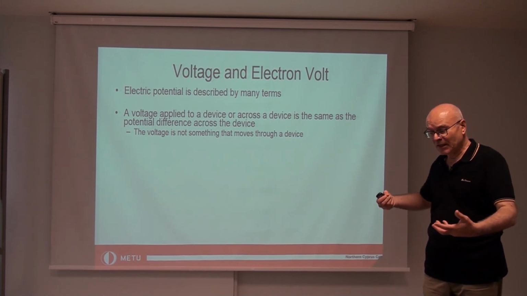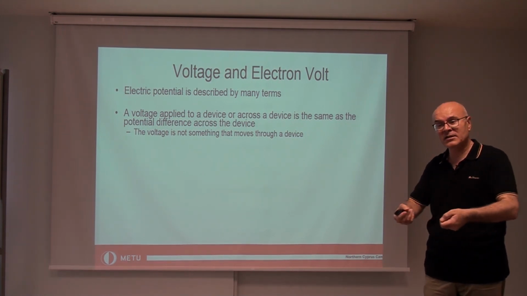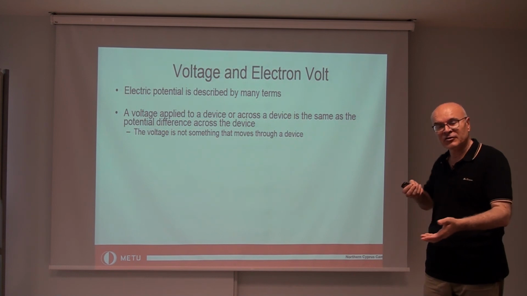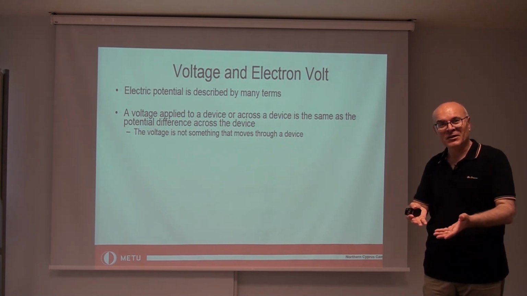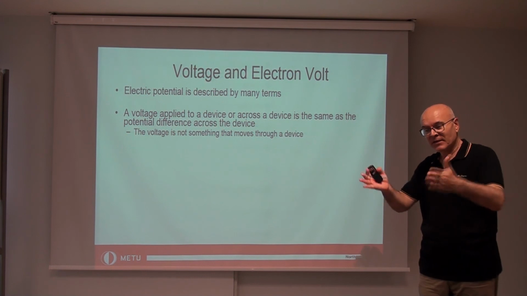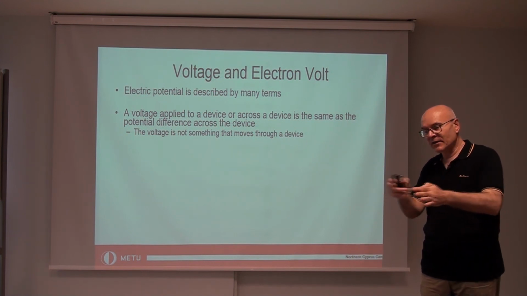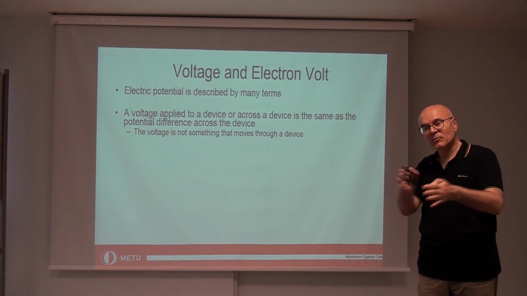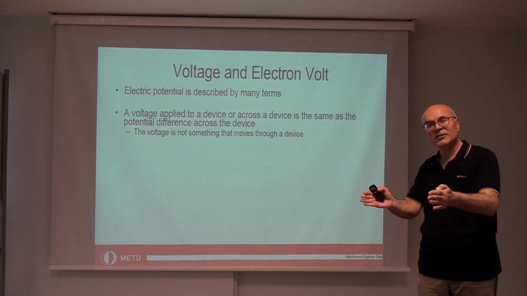And it is not something that you give to a device. I mean, when you connect it to electricity, you are not injecting voltage into it. No, you are creating an electric field. In this electric field, there are 2 points, and there is a potential difference, which is potential energy per unit charge between these 2 points.